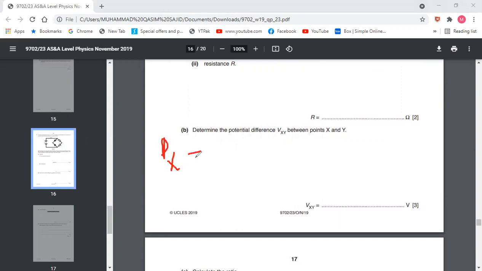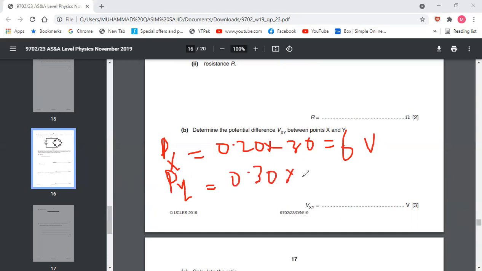So we just calculate that it's equal to VI. V equals 0.20 into 30. So this value equals 6 volt, and the potential difference across Y equals 0.30 into the value of R, which is 12. So it equals 12 into 0.3, which is 3.6.